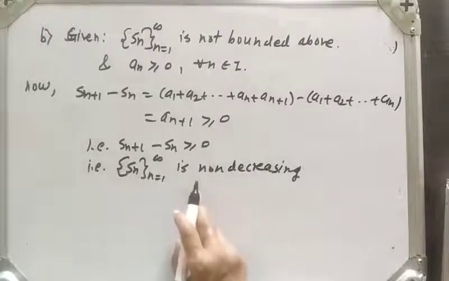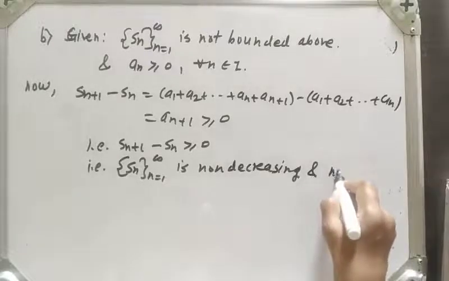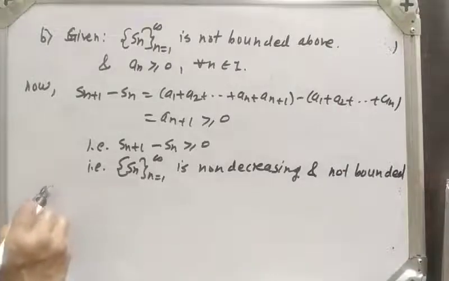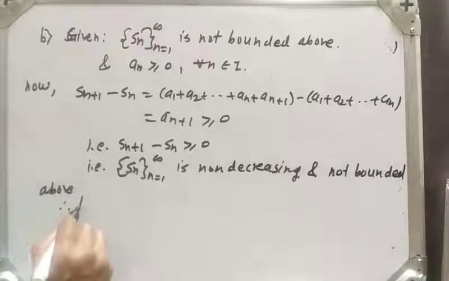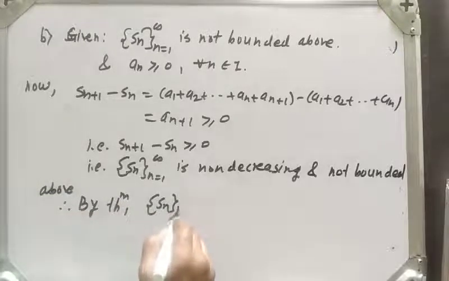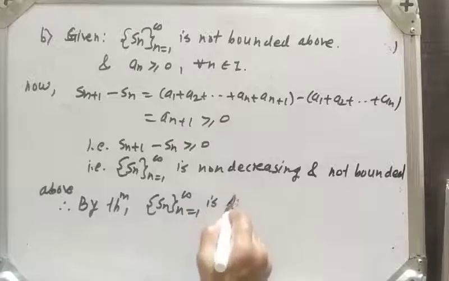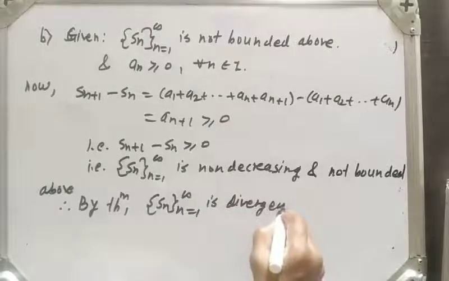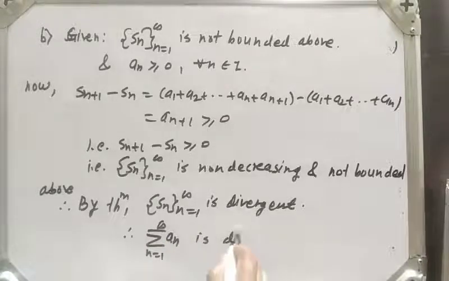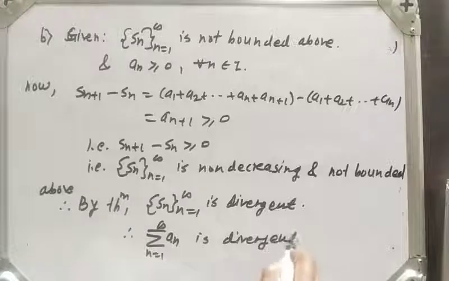That is, here the sequence S_n is non-decreasing and not bounded above. Therefore, by the theorem, we get the sequence S_n is divergent. Therefore, the series related to it, the series sum of a_n, n varies from 1 to infinity, is divergent.